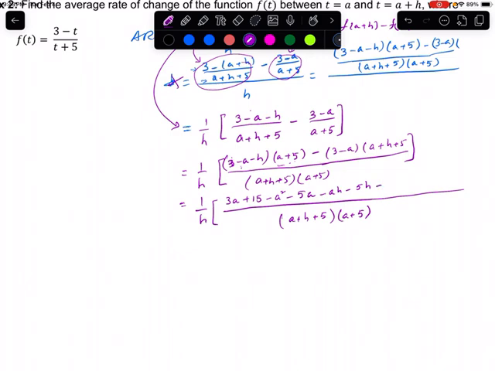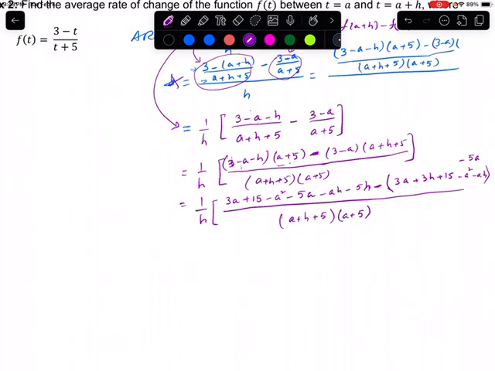If you are not comfortable, then keep the negative sign, which is this one. We bring it here, and now we multiply out. So 3a plus 3h plus 15 minus a square minus ah minus 5a.